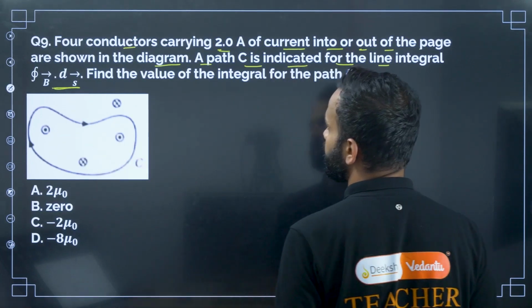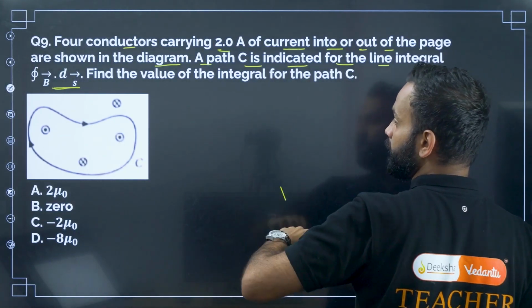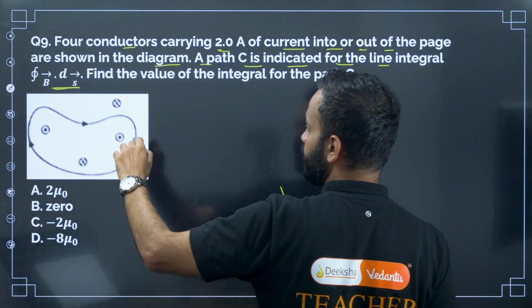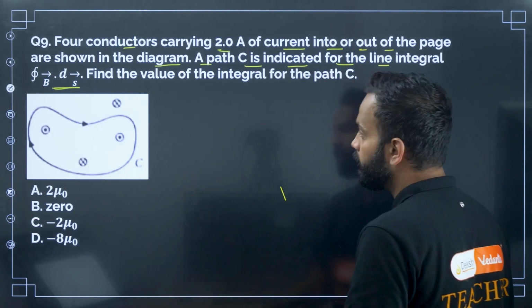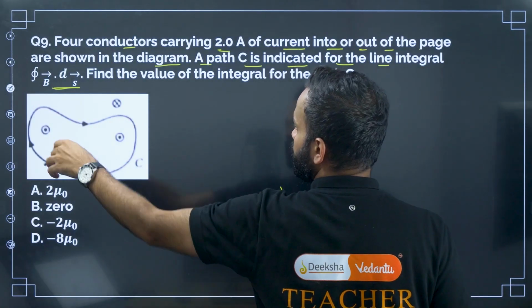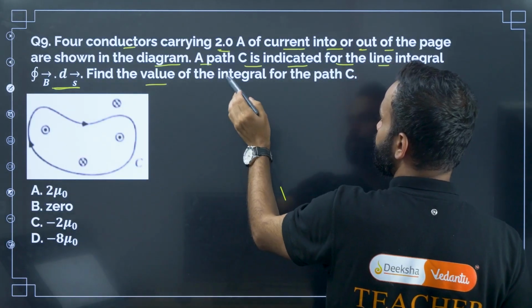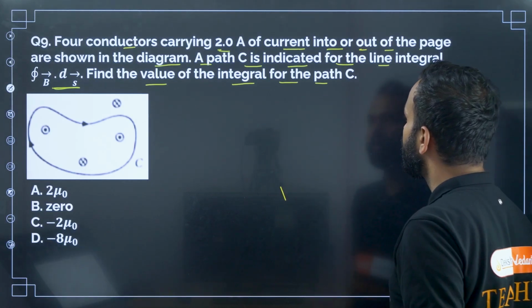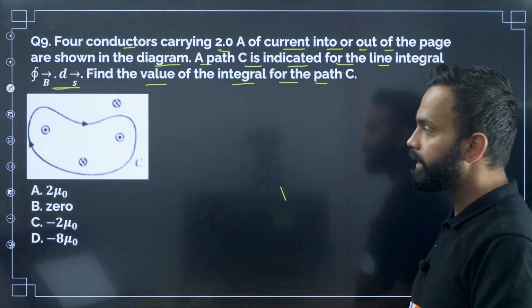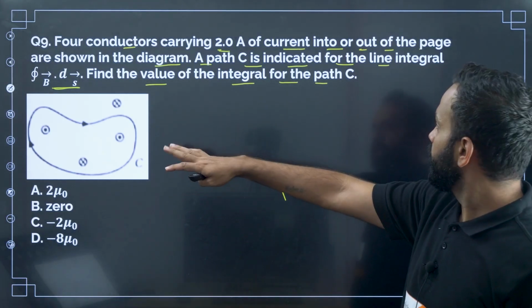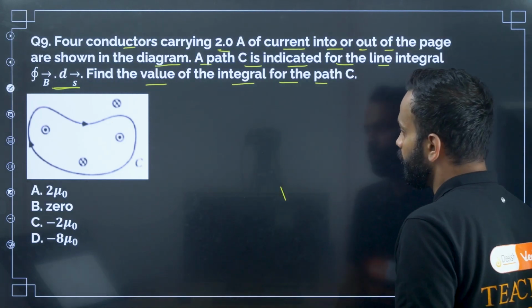The integration of ds vector is the length of this loop. Find the value of the integral for this path C.